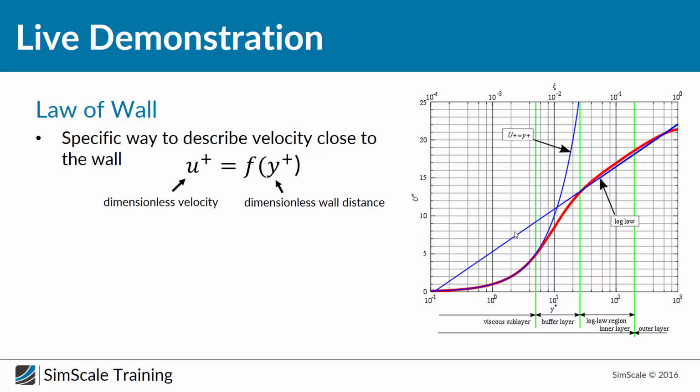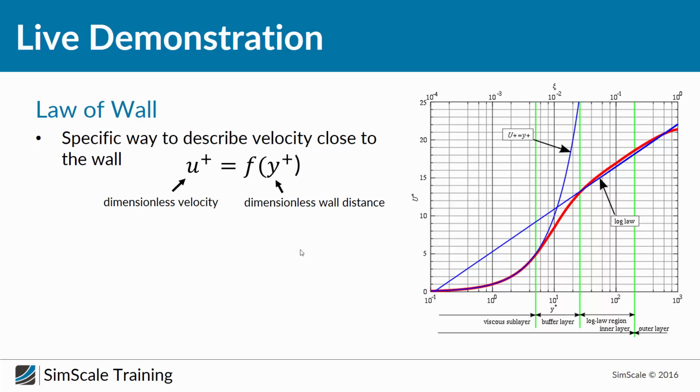And this, guys, is also very important, so please listen carefully. More than 100 years ago, a lot of researchers, one of them very well known being Kaman, investigated what is happening exactly in the boundary layer.